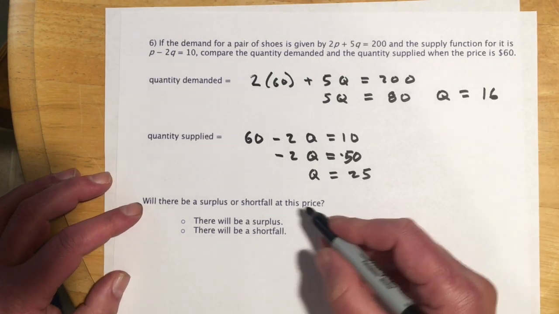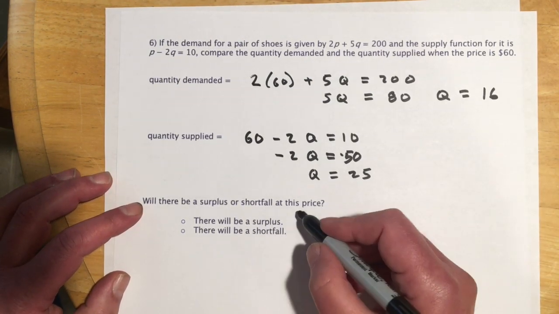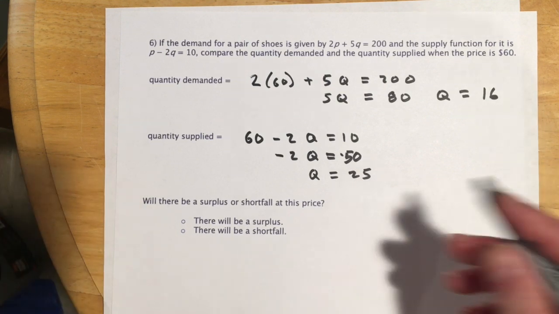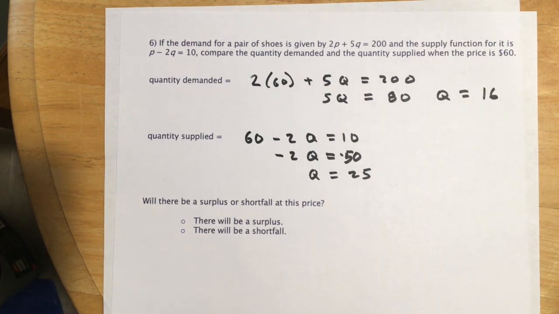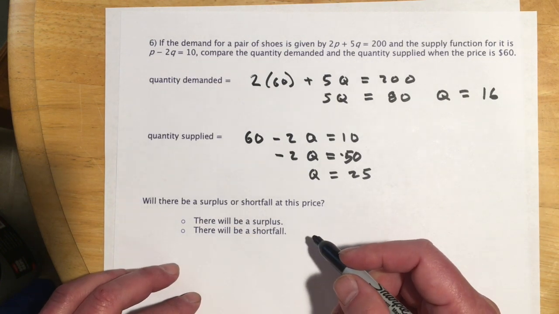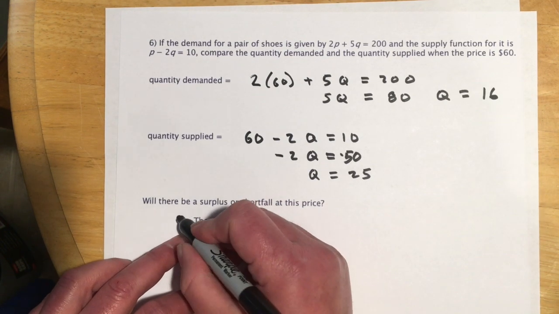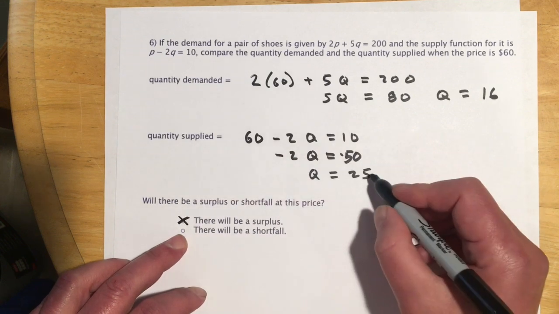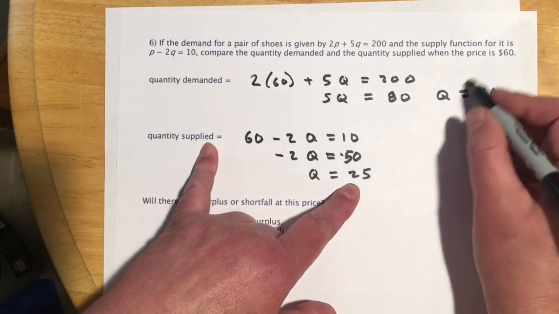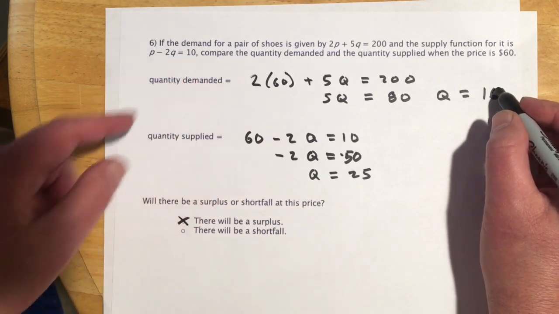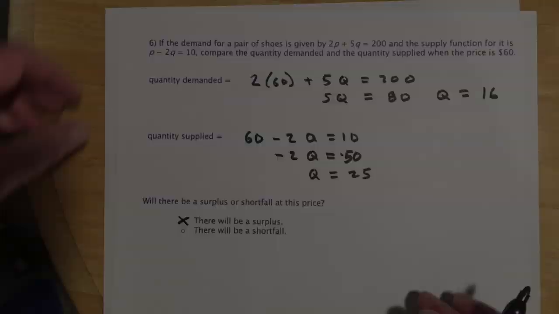So will there be a surplus or a shortage or a shortfall at this price? So surplus means we'd have extra shoes. Shortfall means that not as many people got shoes as wanted to buy the shoes. And so there will be a surplus because the quantity supplied was 25, so they were willing to make 25 pair at this price, but only 16 people were willing to buy them, so there would be extra shoes.